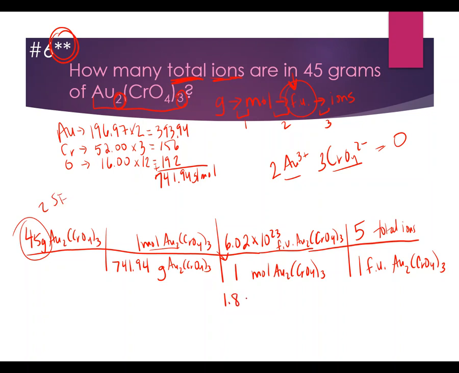So this is 1.8 times 10 to the 23rd ions of Au2(CrO4)3. Total ions, I guess I could put in that particular compound.